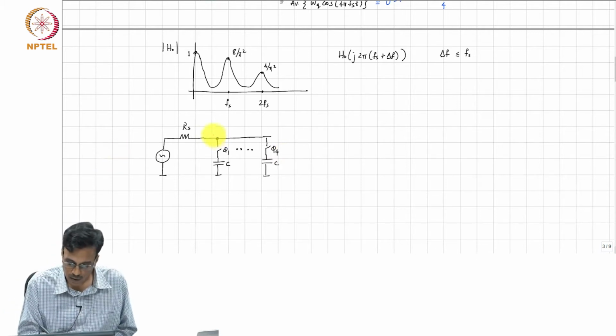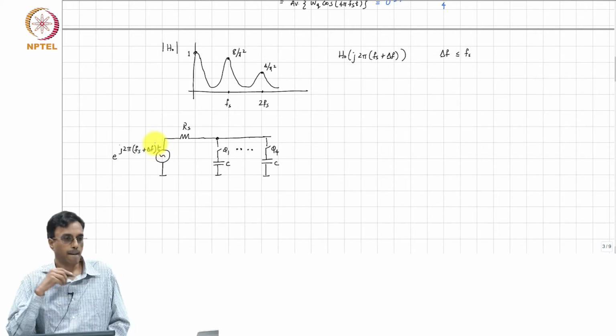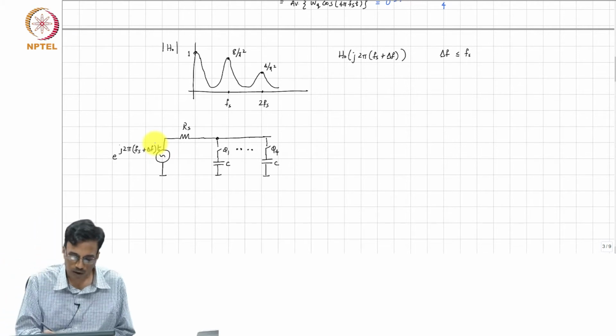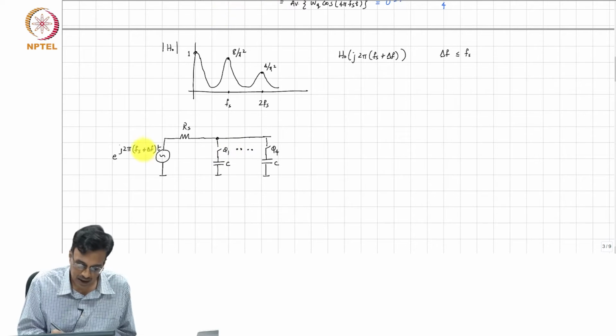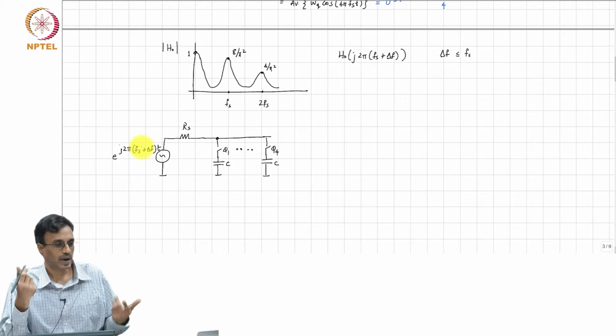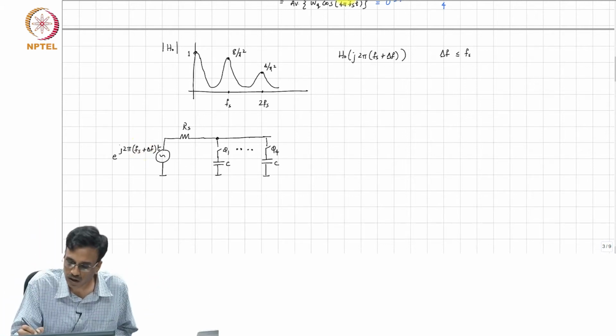And to do that, let us say we excite the input with e to the j 2 pi into Fs plus delta f times t, all right. So, when phi 1 is on, remember, when delta f was 0, in other words, when the input was e to the j 2 pi Fs times t, that is both cos or sine, right.